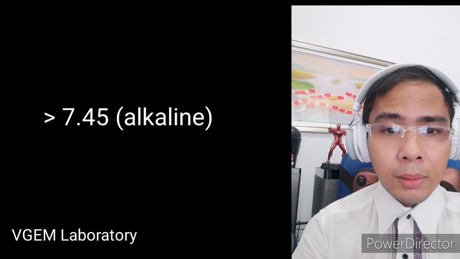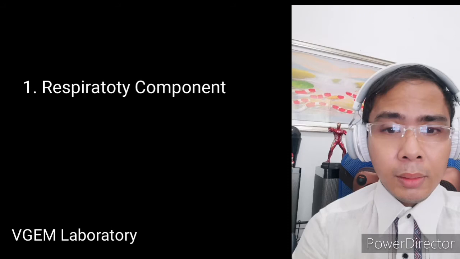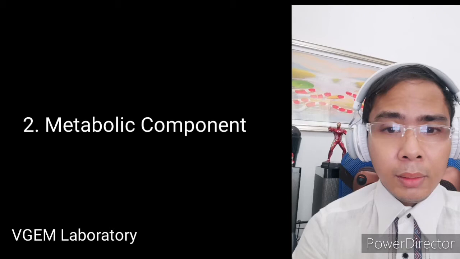Balance is dependent on the regulation of carbon dioxide in the blood. There are two systems to regulate this balance. We have the respiratory, where carbon dioxide is regulated by the lungs via ventilation, and the metabolic or bicarbonate, regulated by the kidneys via excretion in urine.